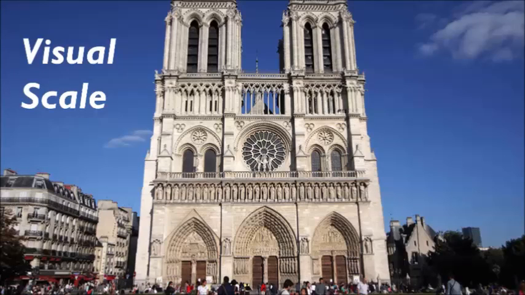One type of scale that we look at is visual scale. So again, as we're perceiving a building, as we're looking at it, this is Notre Dame Cathedral in Paris. If we didn't have all of the people at the very bottom of the photograph, and we didn't have the buildings on the two sides, then it would be more difficult to visually place the scale of the windows of this church.